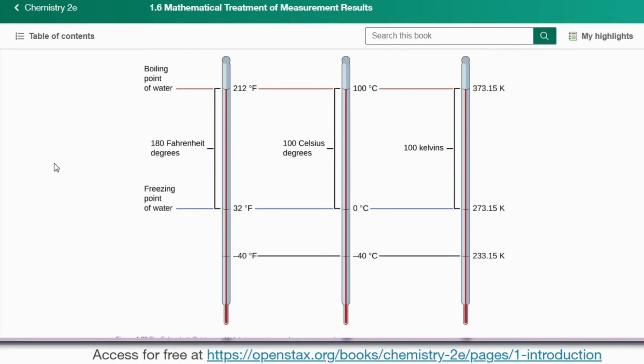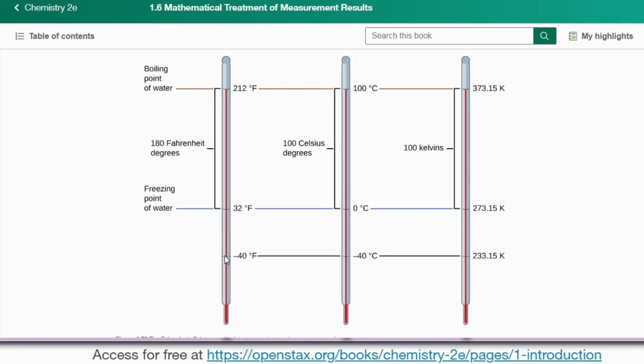So we see the boiling point of water is 212 Fahrenheit, 100 degrees Celsius, and 373.15 Kelvin. We see here that the Celsius degrees between boiling and freezing is 100, and same for the Kelvins, but it's 180 degrees between boiling and freezing for Fahrenheit.